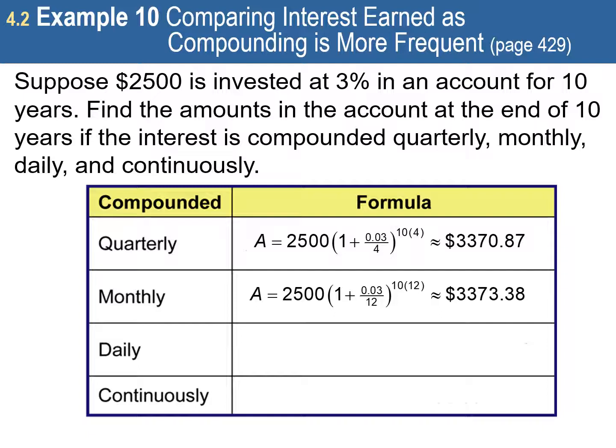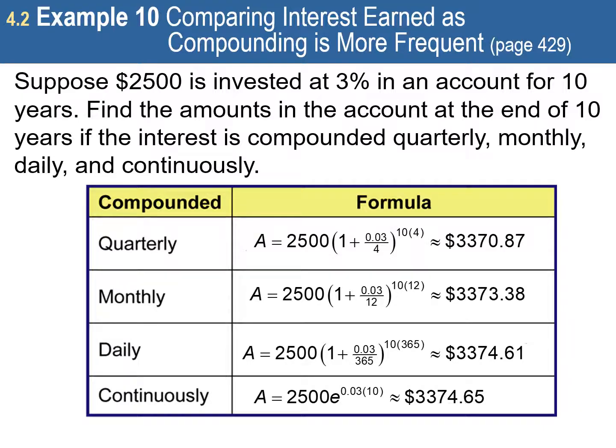Monthly, n is 12, so we get $3,373.38. Daily, n is 365, so we get $3,374.61. And continuously, we use the A equals P e to the rt formula, and we get $3,374.65.